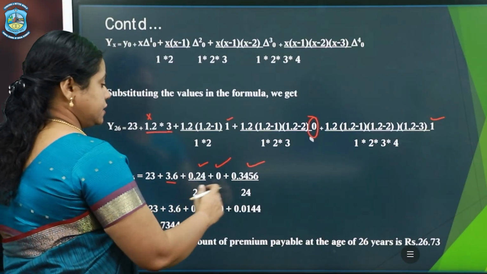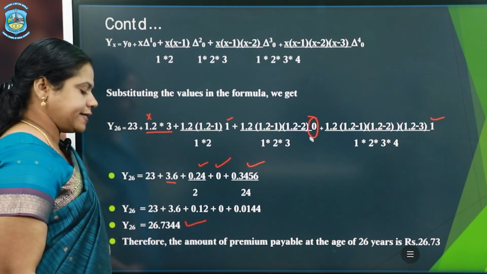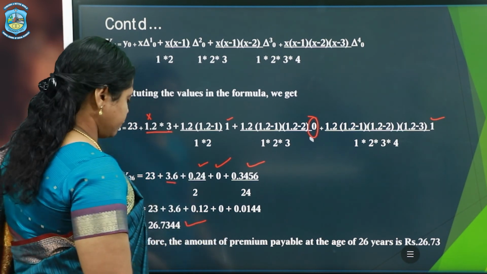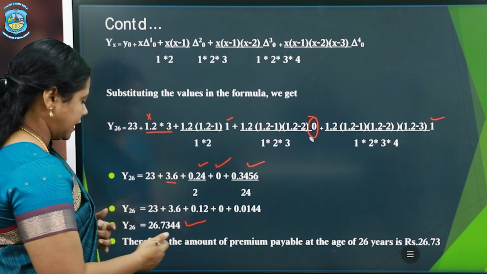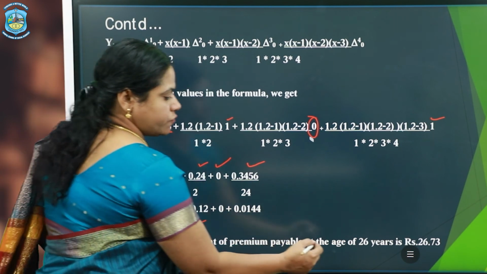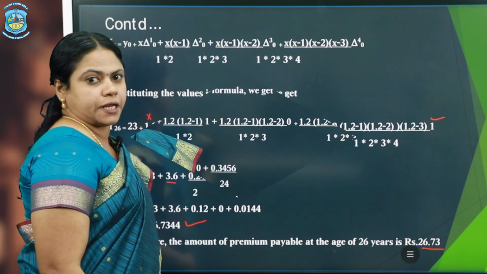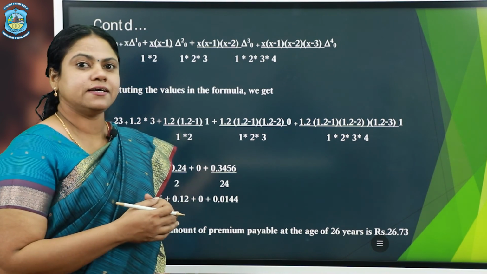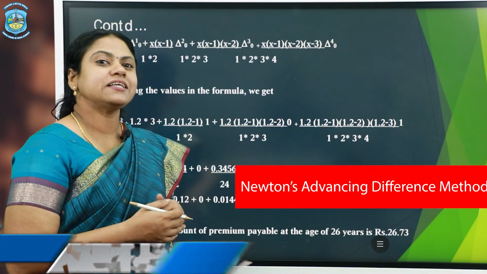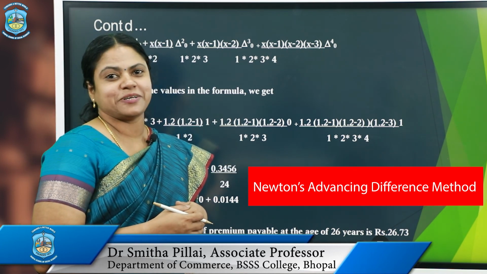So after this calculation we will get y is equal to 26.7344. We can round off to 2 decimal values. So we can write the premium to be paid at the age of 26 years is 26.73. I hope you understood this very clearly, and we will meet again with another lecture on interpolation and extrapolation. Thank you.